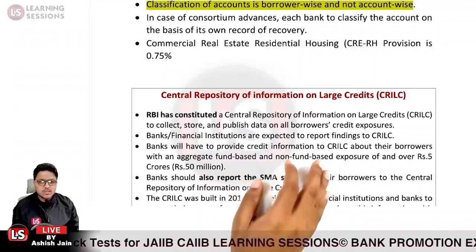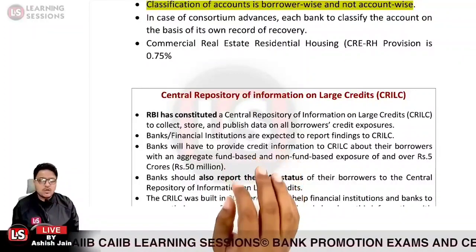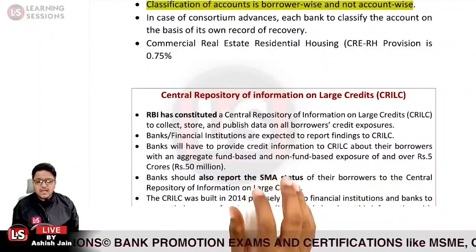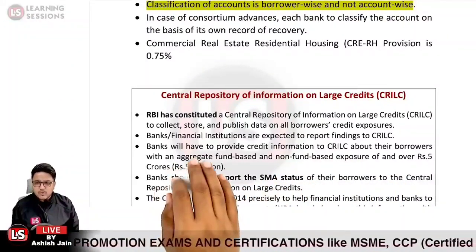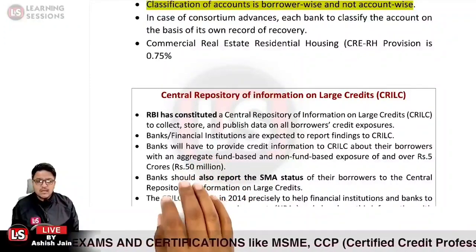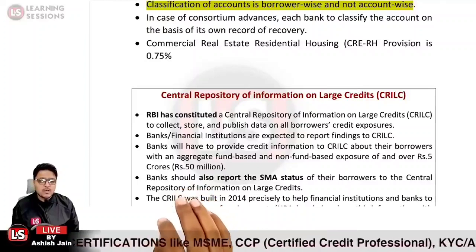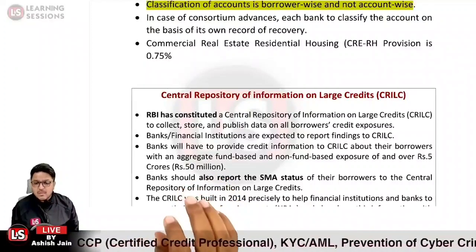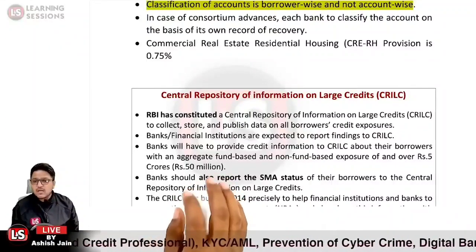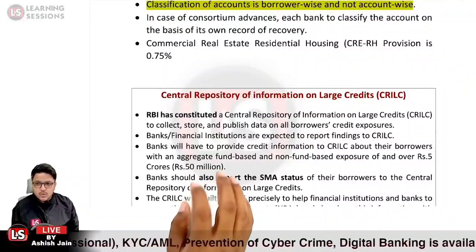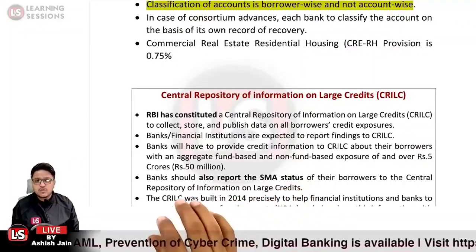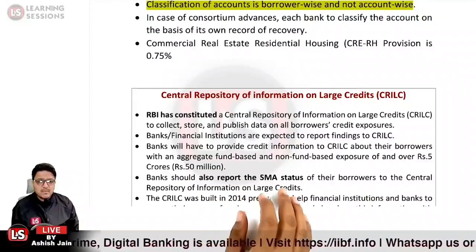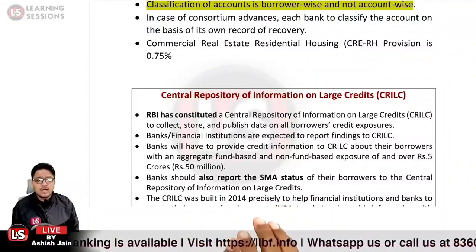So the banks and financial institutions are to report the findings to CRILIC, and further for borrowers where the aggregate of fund based and non-fund based exposures is greater than or equal to 5 crore rupees, the status of the account and all the details related to borrowers must be reported to CRILIC, and banks should also be reporting the SMA status of their borrowers to CRILIC.